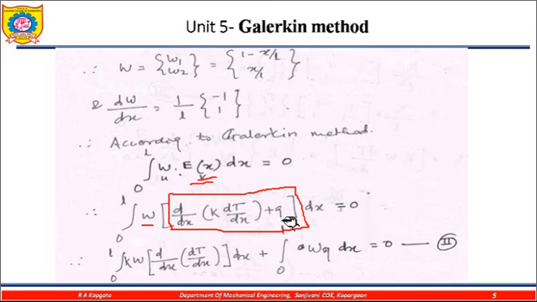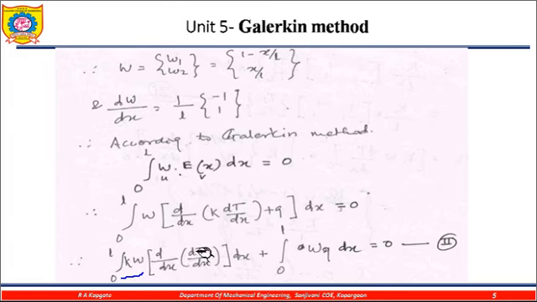Now this term can again be classified: q is a constant term, and this is another term, where w is u and this is v. So I make some changes. I keep the integration from 0 to L. This k is constant, so k into w d by dx of dT by dx multiplied by dx, plus the q term multiplied by this w, so the integral from 0 to L of w into q dx. So this term is equation second.